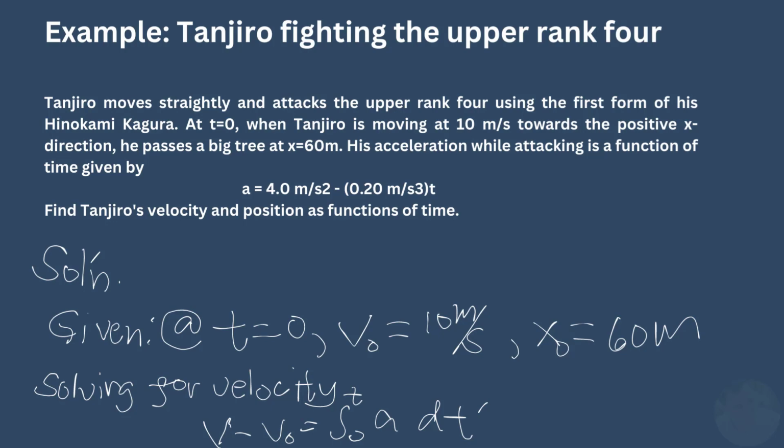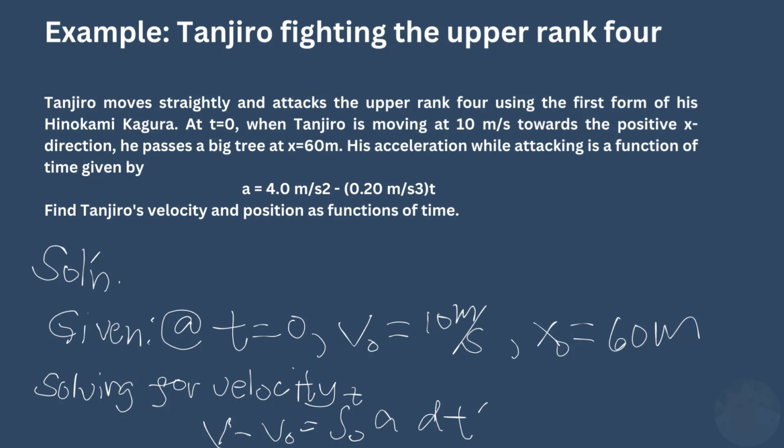His acceleration while attacking is a function of time given by a equals 4 meters per second squared minus 0.20 meters per second cubed times time. The question is, find Tanjiro's velocity and position as a function of time.